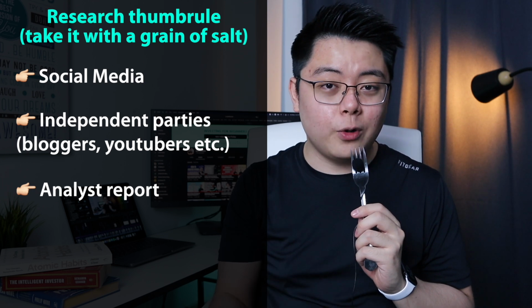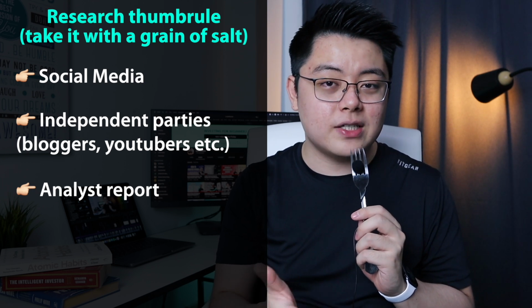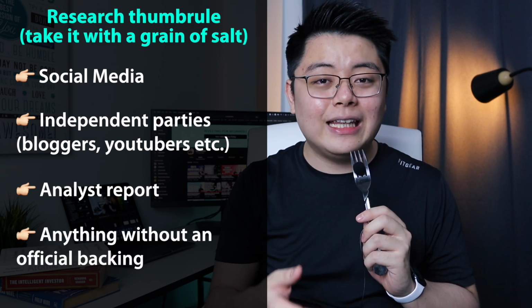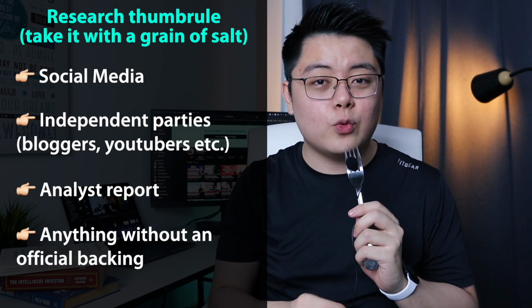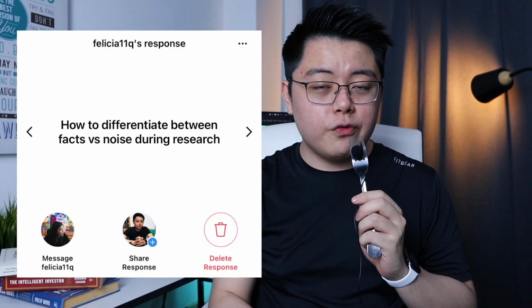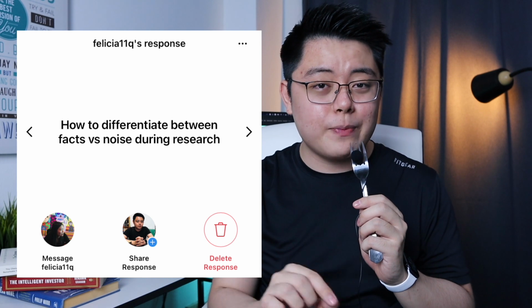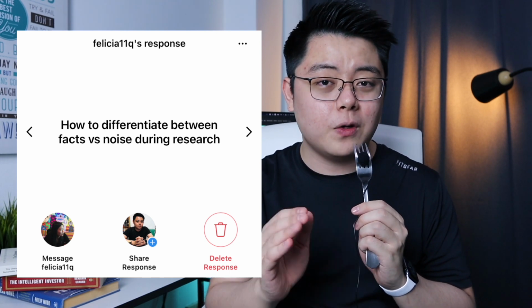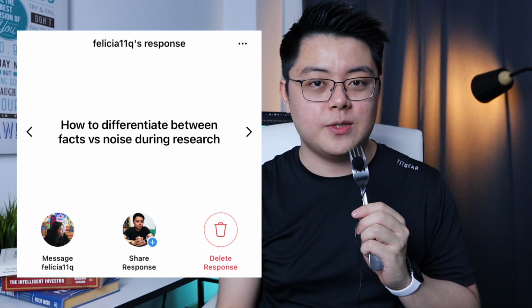Thirdly, analyst reports, and that can be in the form of buy or sell calls. That can also be inaccurate. And basically anything that has no official backing whatsoever, you should also always take with a grain of salt. So if you follow those rules of thumb that I've just mentioned, you should be able to block out all of those noises and focus on the facts when it comes to your investment research.